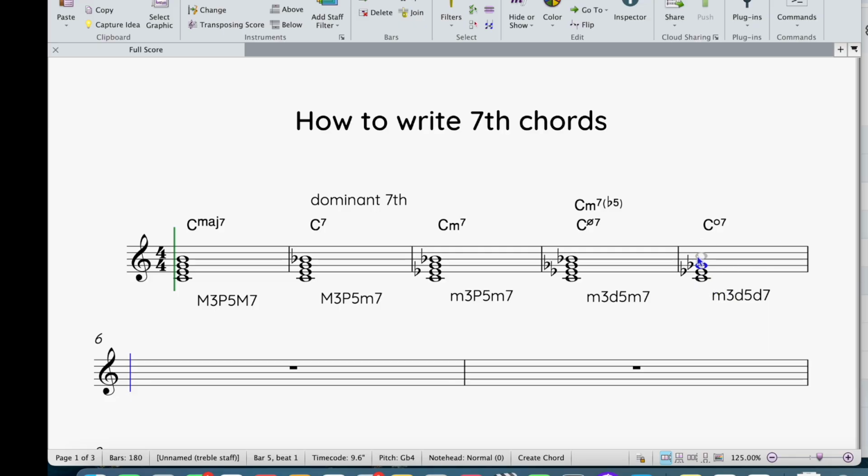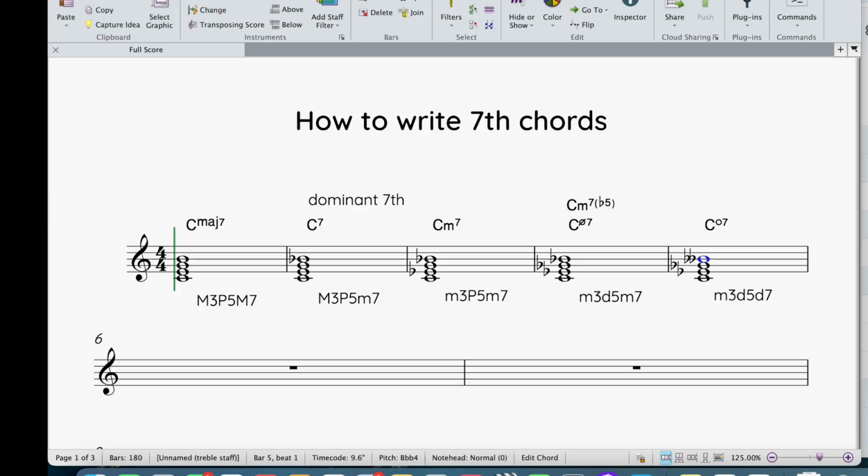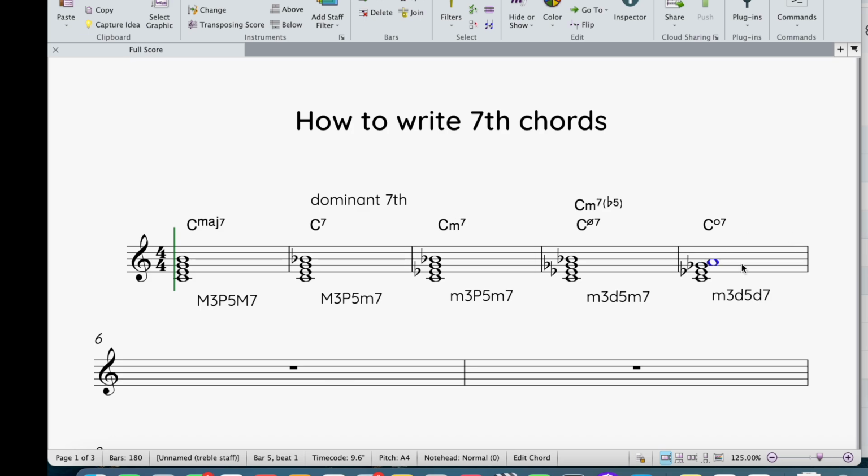Now we know that B flat is the minor 7th above C. But now I'm going to have to crawl in here. We have to lower it again. So it's going to be B double flat. Now that's horrific. And hopefully the sight of a double flat hasn't made you pass out on the floor. But the issue with this is that you will see people not use the double flat, and in fact they'll end up just using the A. And that's really confusing.